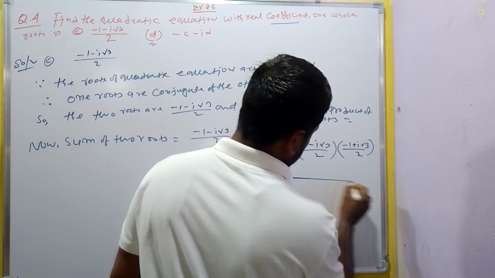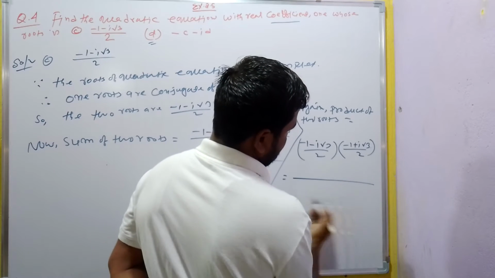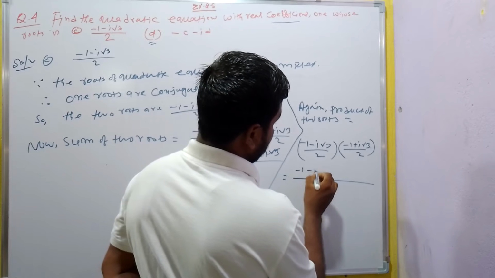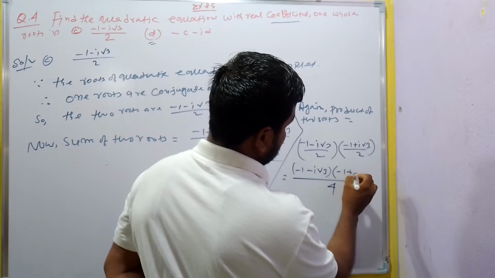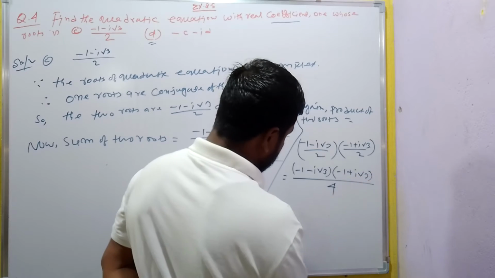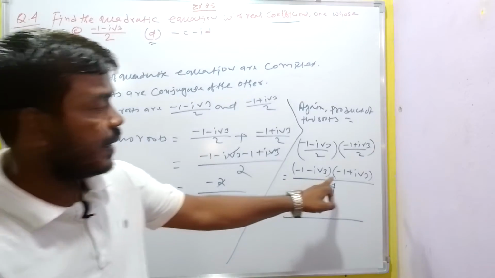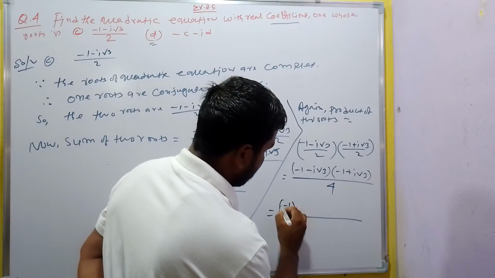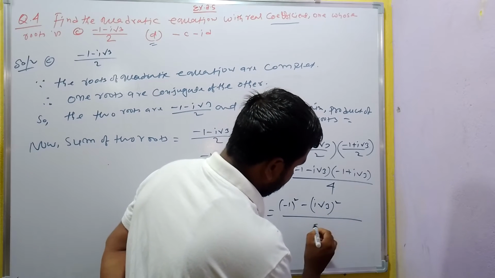Now you multiply these two, so 2 times 2 is 4. Now write (-1 - i√3)(-1 + i√3) in the numerator. Here it is (a - b)(a + b), which is a square minus b square. So (-1) whole square minus (i√3) whole square, by 4.